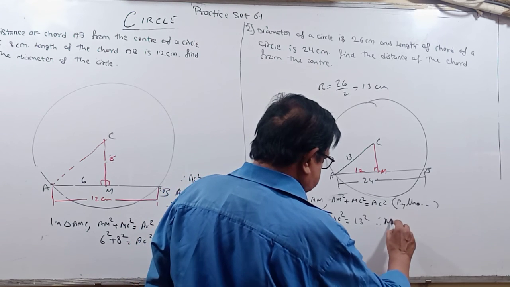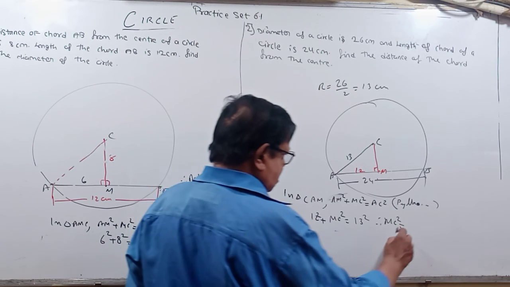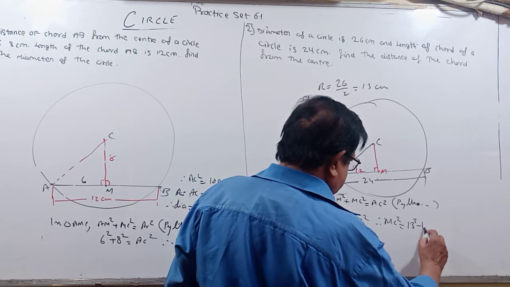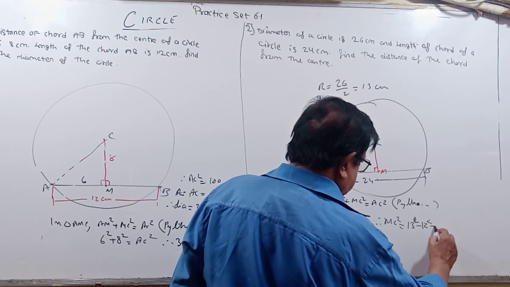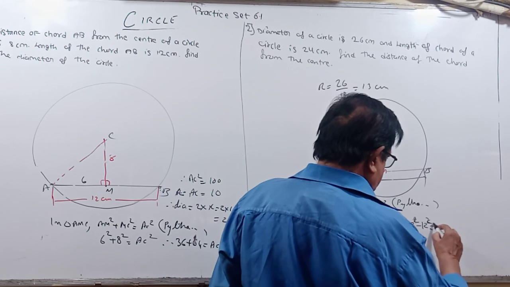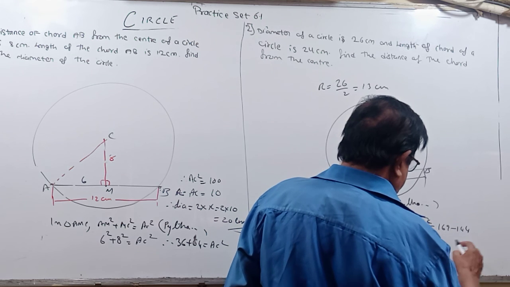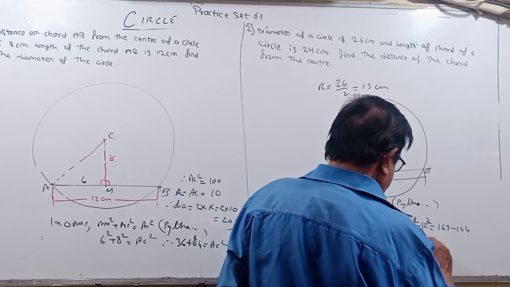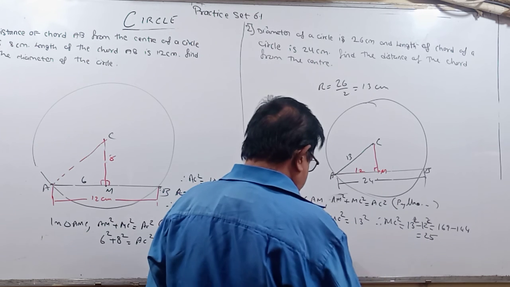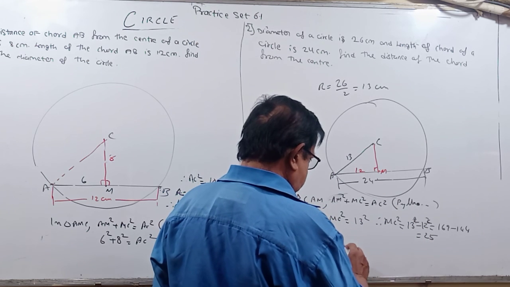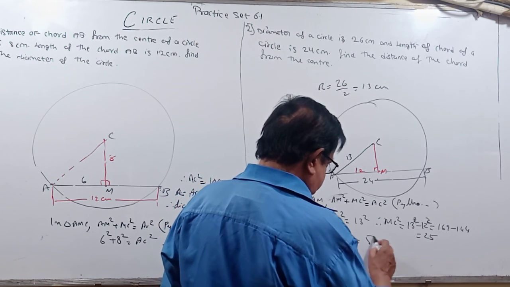Therefore, MC square equals 13 square minus 12 square equals 169 minus 144 equals 25. Therefore, MC equals square root of 25, which is 5.